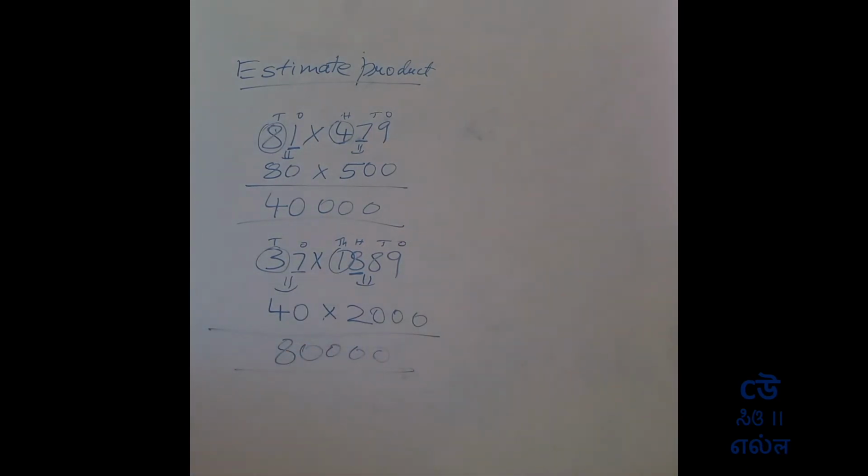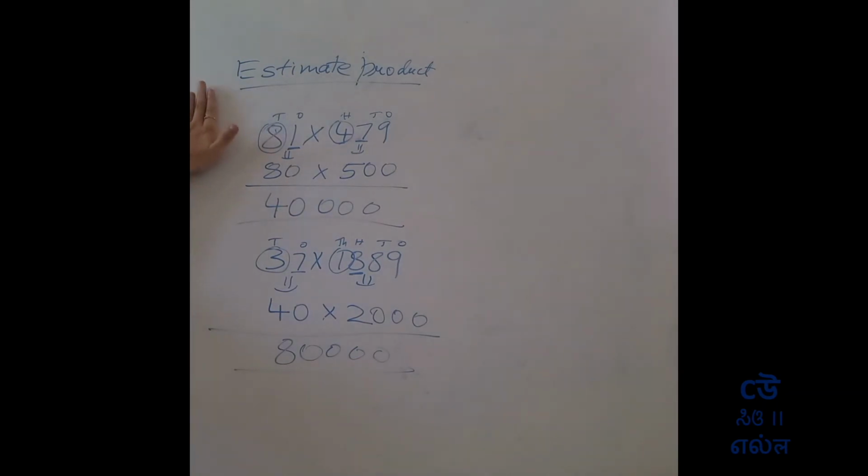Understood, children? How did I write that? See how quickly we found out the estimate multiplication of two numbers. This is how you do the estimation of addition, difference and product.